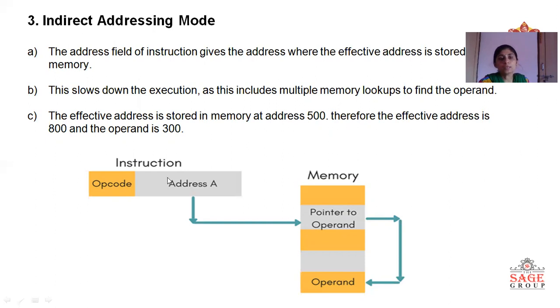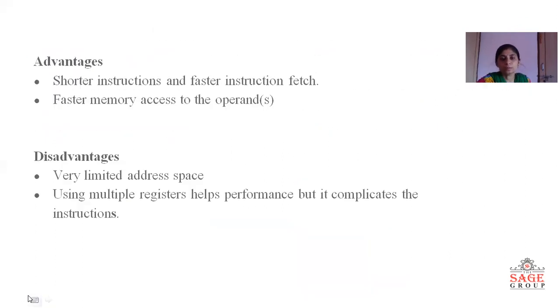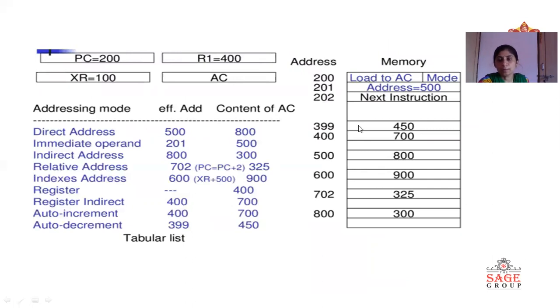In this case the instruction means the opcode and the address 500 is given. From this table we can say that, for example, the address 500 is given, and at this address the effective address will be 800, and at 800 there is 300. So indirectly the operand is reached in case of indirect address mode, and that 300 will be loaded into the accumulator.